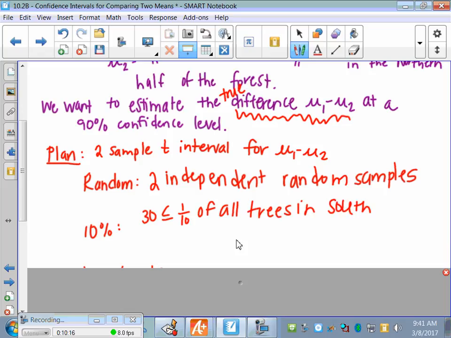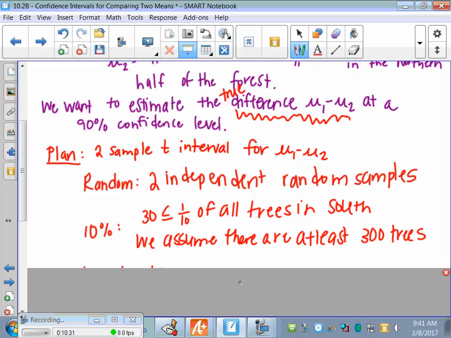You could also write it as we assume that there's at least 300 trees. And say it always for both, okay? I'll do this one in the north.